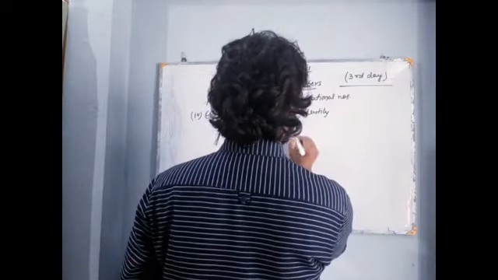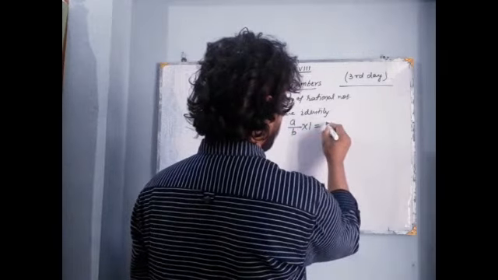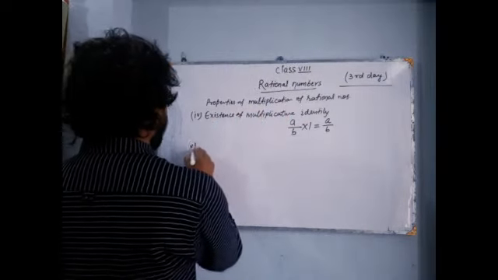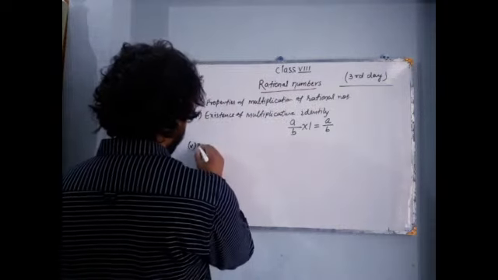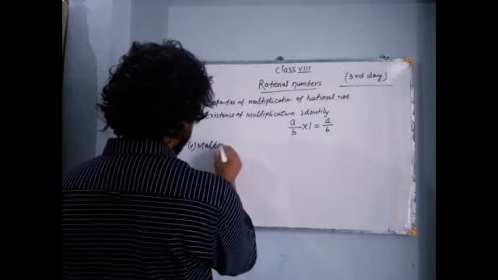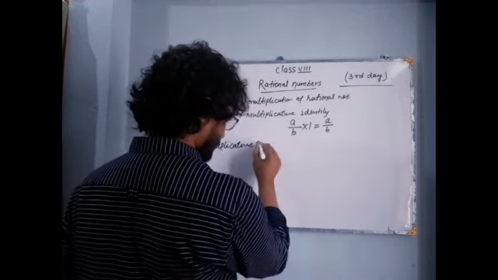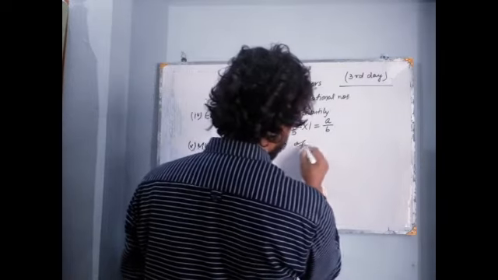Means we can say that a by b is a rational number. When a by b is multiplied by 1, then our result is a by b. Got it? Okay. The fifth property is multiplicative property of 0.